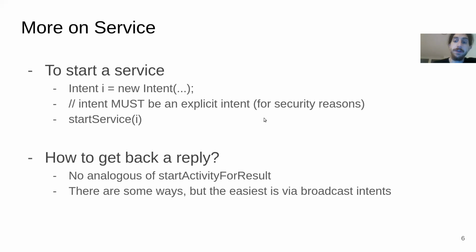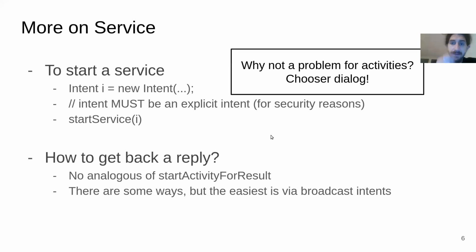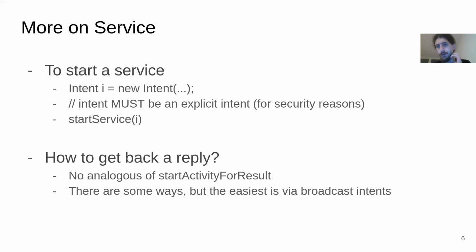One note about these security reasons. The problem could be with an implicit intent. Let's say that you use an implicit intent and you want to start a service. The implicit intent encodes, I would like to execute this action. And it could be that there is not only one service that can handle the execution of this action.